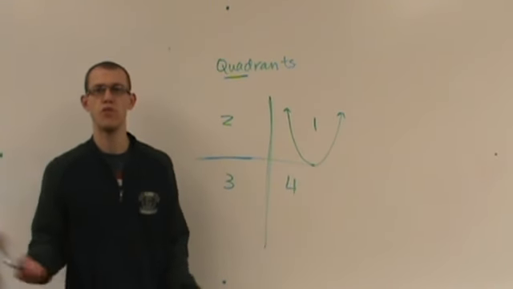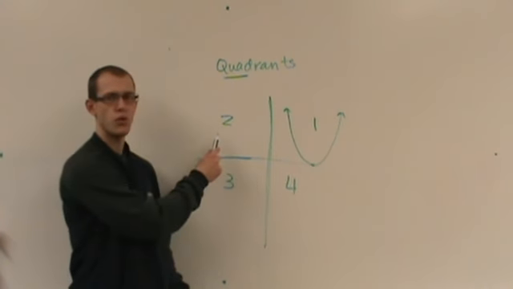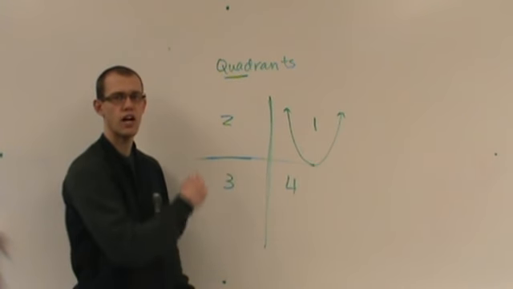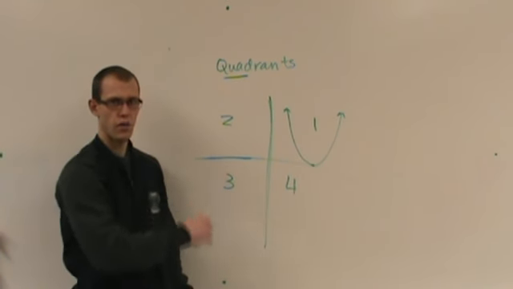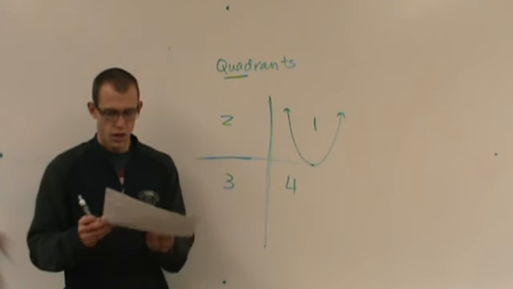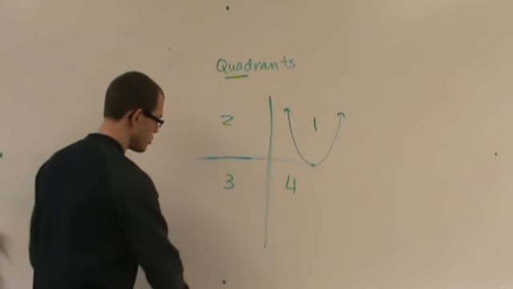Okay, so quadrants, breaking the graph into 4 different parts. 1 is always here, 2 is always here, 3, and 4. In a counterclockwise motion. Counterclockwise. Opposite of the clock. Okay? Now, we're going to move into the equation parts of the work. So I'm going to erase this.